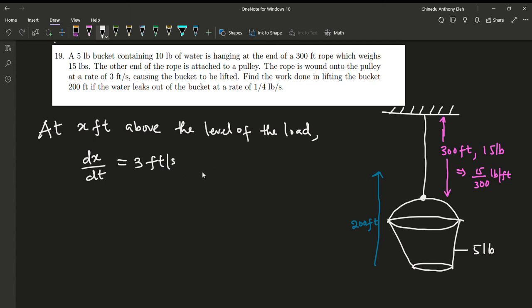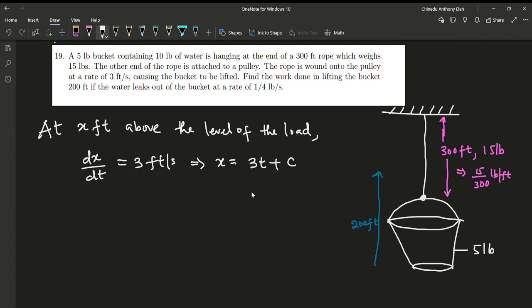So think about it like the previous problem. As we raise the bucket or the load up, time increases, right? Which means that this thing has a positive slope or derivative. So from here we get x is equal to 3t plus a constant. Think of what you differentiated to get 3.